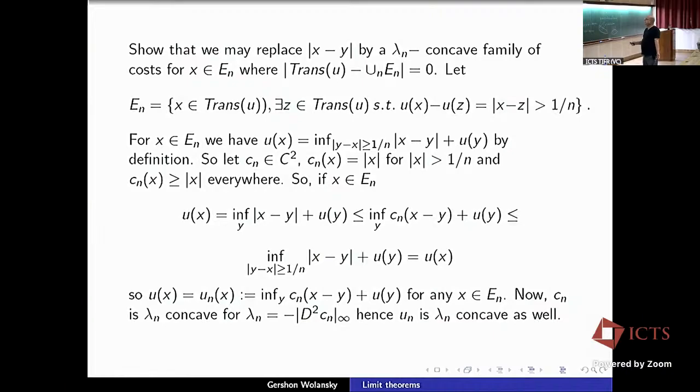So we define a new cost C_n, which is a modification of the absolute value. It's equal to the absolute value for |x| bigger than 1 over n, and it is C2, twice differentiable, and bigger or equal than |x| otherwise. So this is something like this.